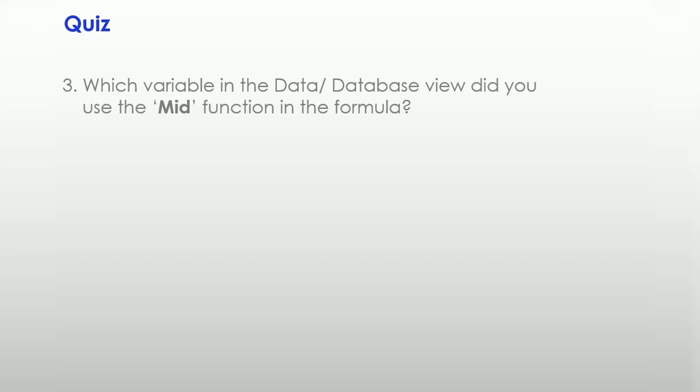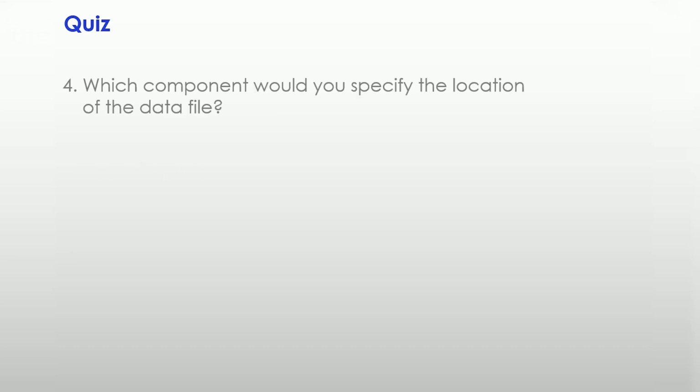In which variable in the data view or database view did you use the mid function in the formula? The mid function was used to define the variable product code. Question number 4. In which component would you specify the location of the data file?